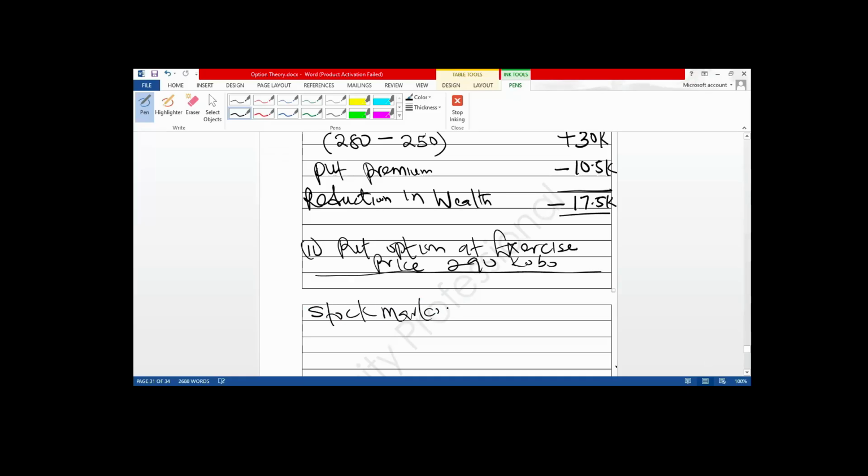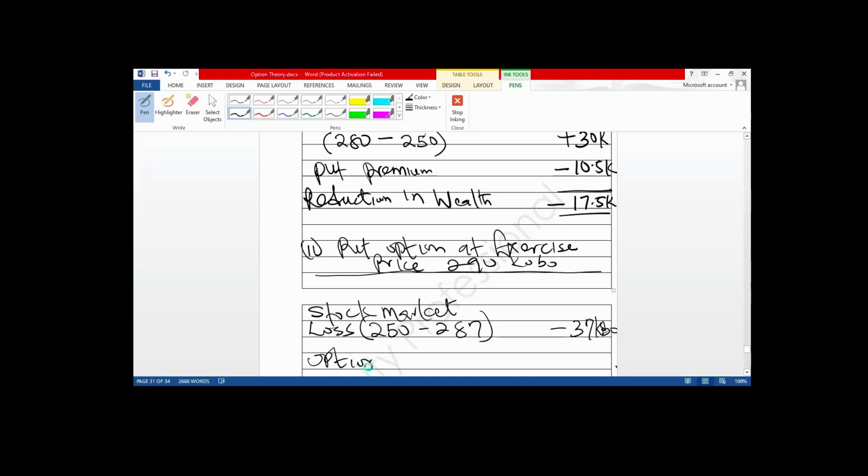At the stock market, the share value that was 287 kobo in December, in March is going towards 250 kobo. The investment value has fallen. 250 minus 287. Investment value will reduce by 37 kobo.